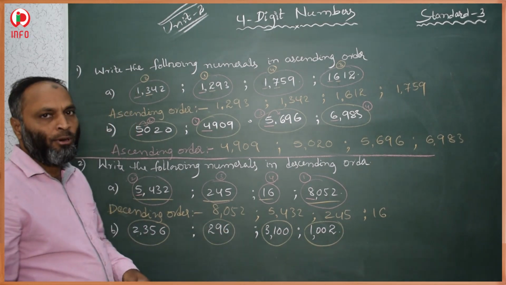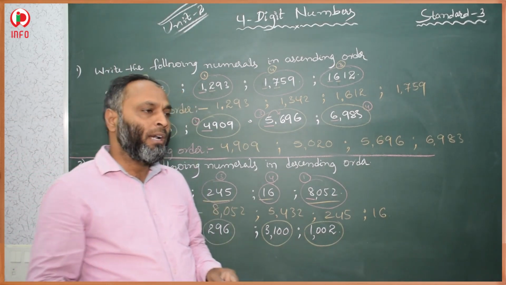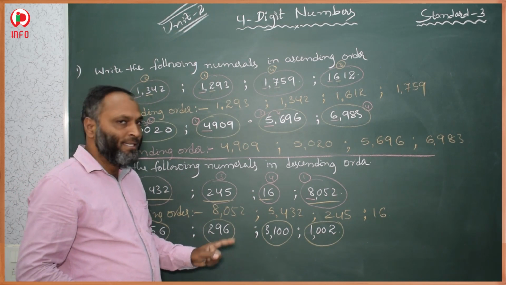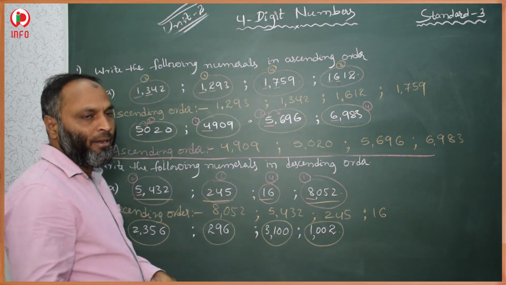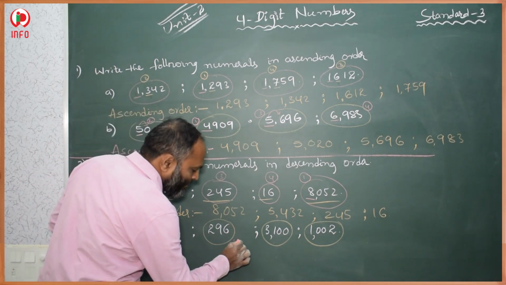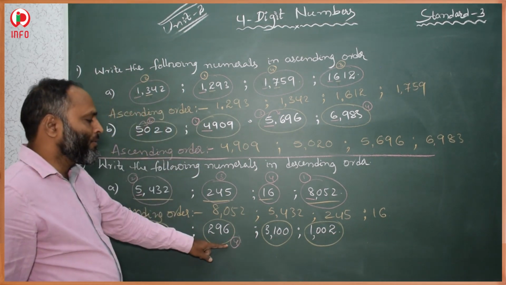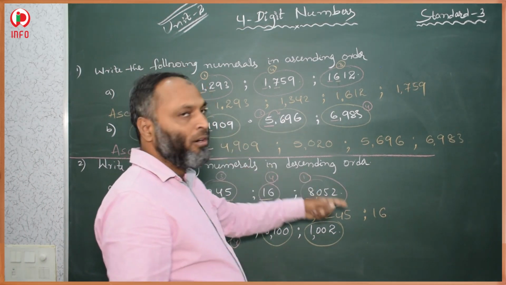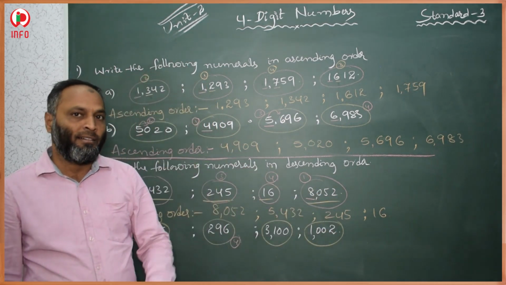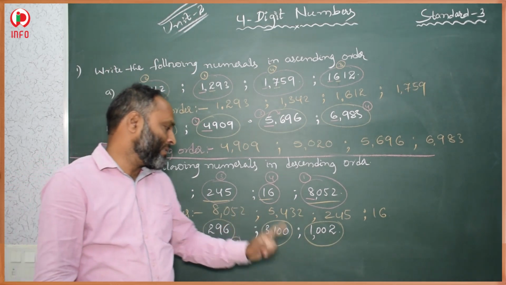A 3-digit number is smaller than a 4-digit number. Only one numeral is there that has 3 digits. It means that is the very smallest number. So this is in 4th position. Why are we considering this 4th position? Because we are arranging in descending order. Descending order means decreasing order. Decreasing order means the very small one comes last.